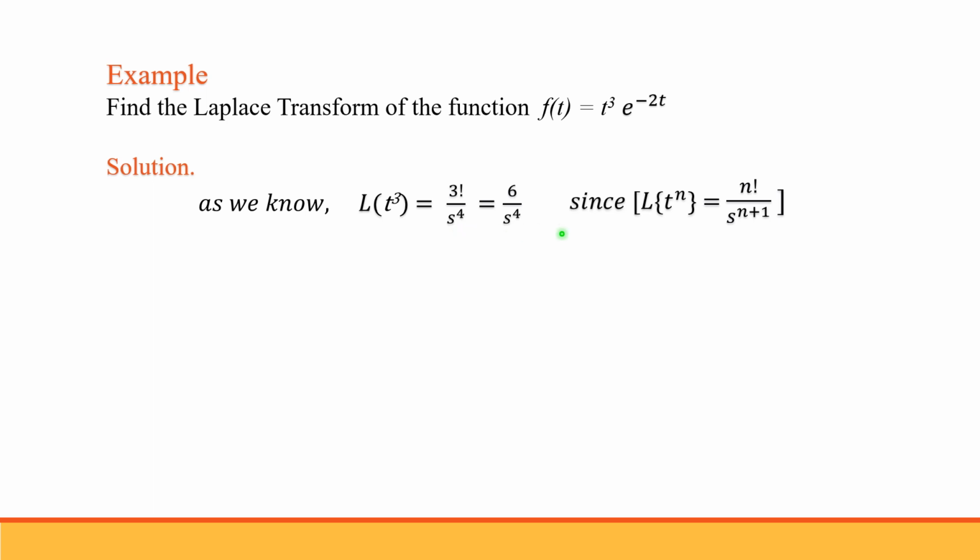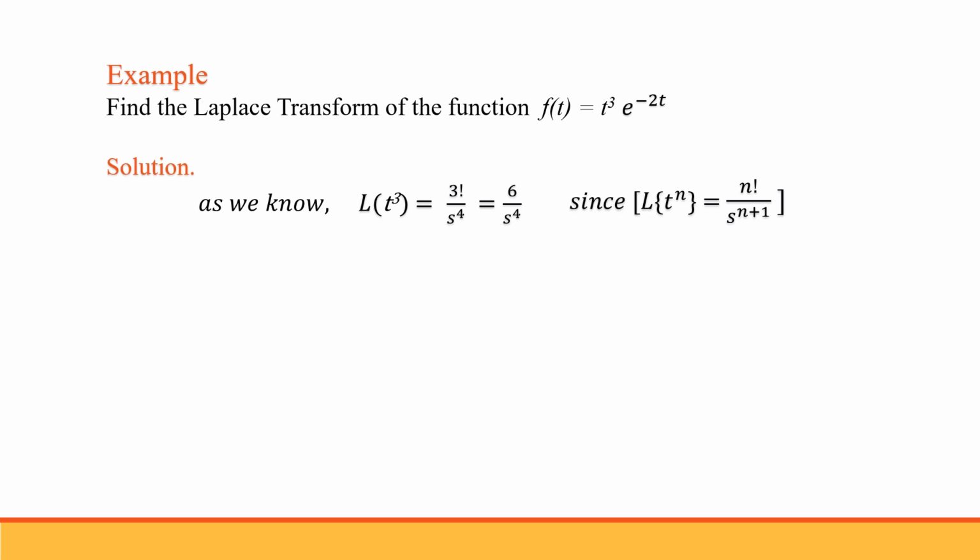Quickly remember what we learned earlier: the Laplace transform of t raised to the power n equals n factorial by s to the power n plus 1. So here n is 3. So 3 factorial is 3 into 2, that is 6, divided by s to the power 4.